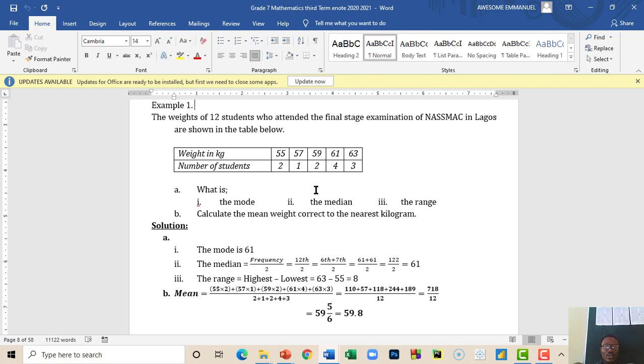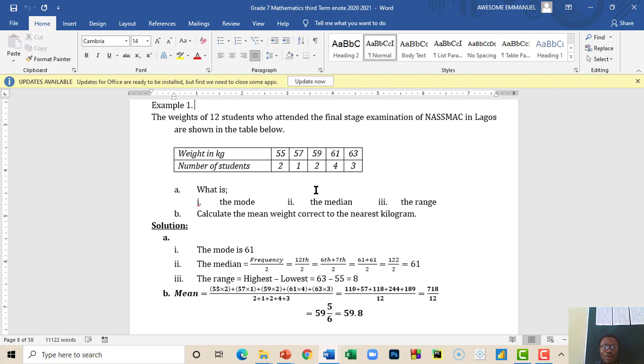If I add 249 and 249, I'll have 498. So the median number from 500 will be the 250th term and the 251st term. That's how to get the median number.